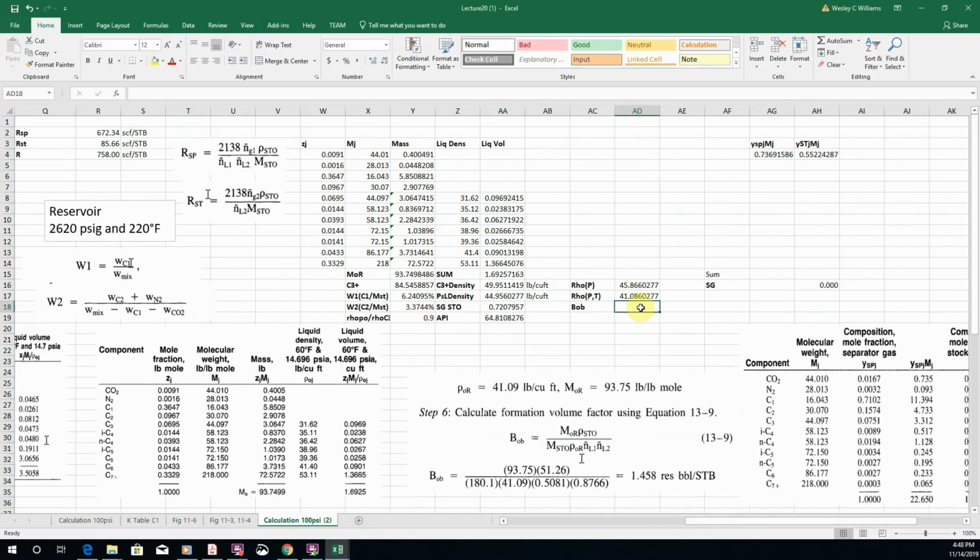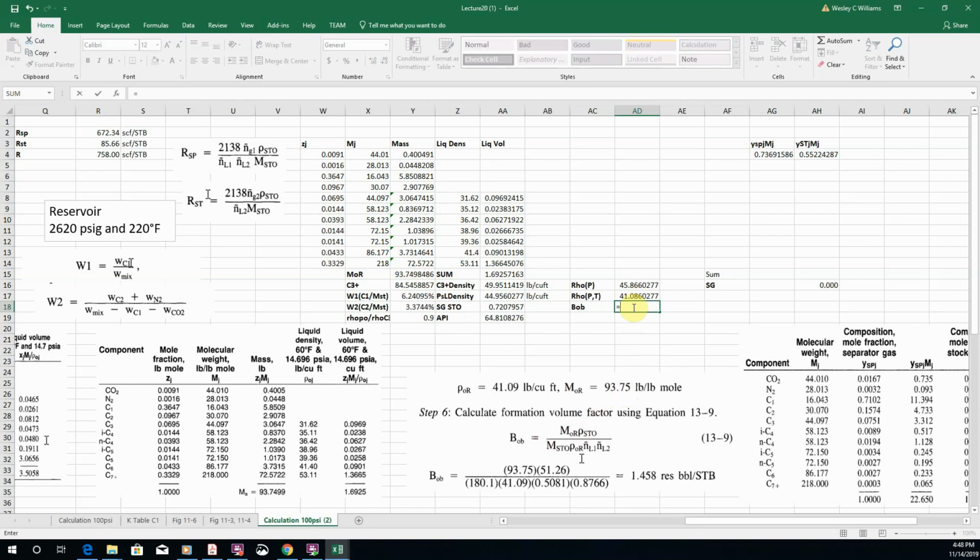And then we can do the formation volume factor, which is this formula. Actually, here's what's from the book. I need to go over there. And there's our molecular weight, 93.75, more or less. So let's calculate the formation volume factor.